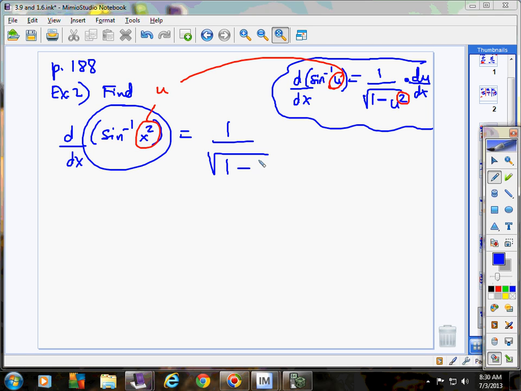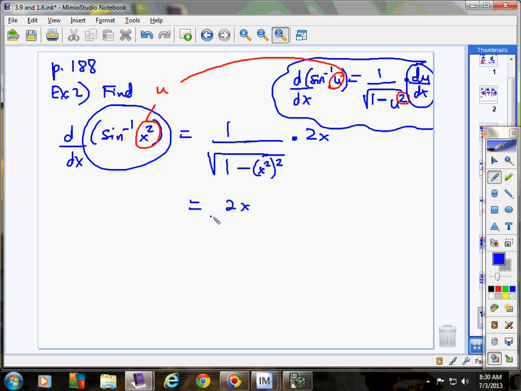So I got to square x squared. If you want to go ahead and square it, that's fine. I'm just going to write it as that thing squared times the derivative of the inside. That's the du dx part. So what's the derivative of the inside? 2x. So that's the chain rule. So my final answer is 2x over the square root of 1 minus x to the 4th. Remember, you're multiplying these powers, not adding them, because you have a power to a power.